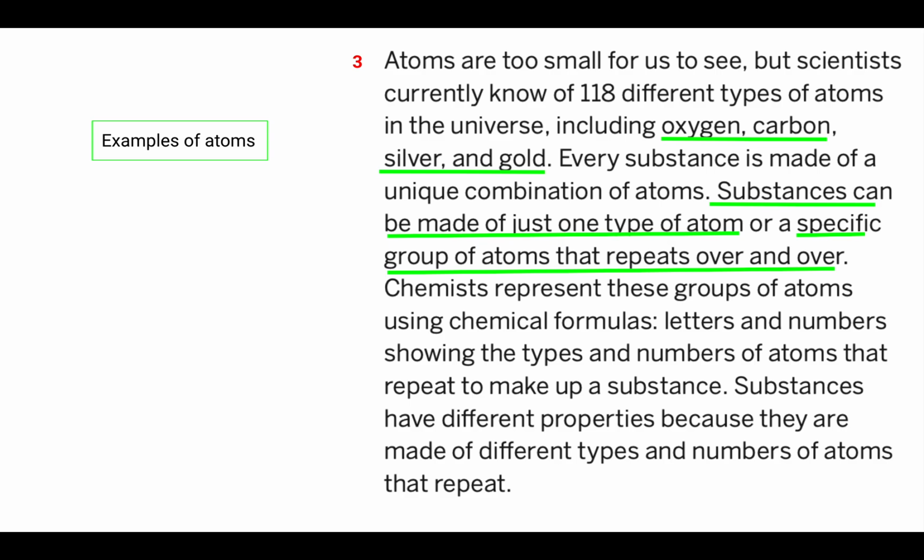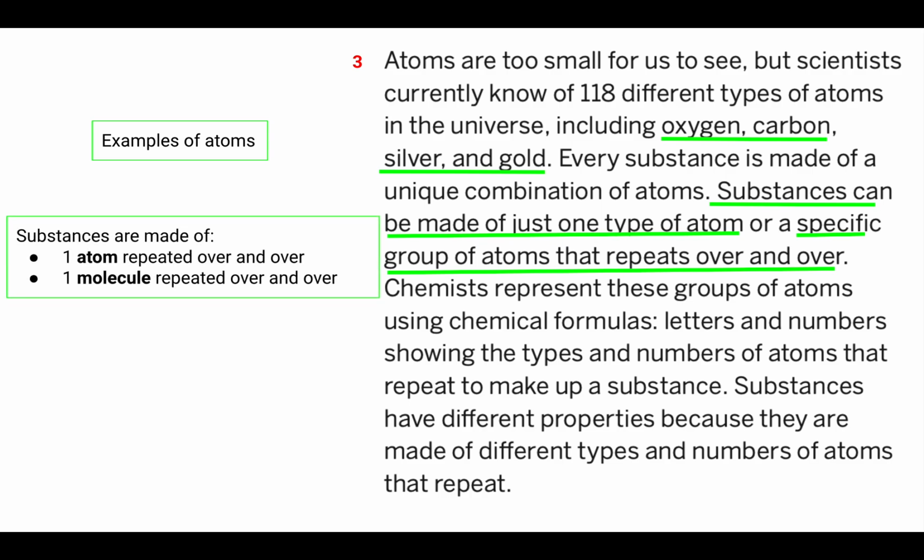So this sentence is substances can be made of just one type of atom, or a specific group of atoms that repeats over and over again. For example, I'll talk about that in a second.